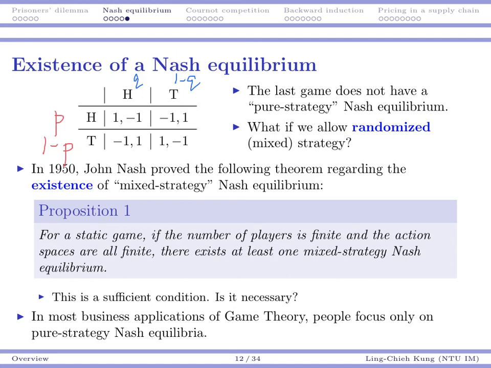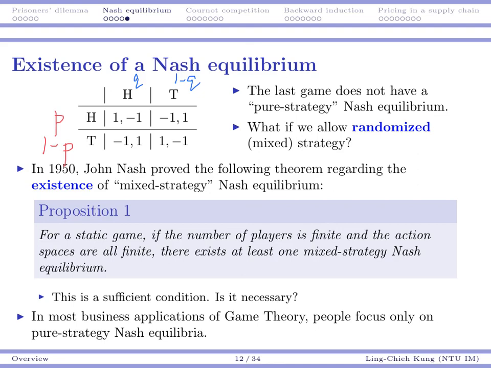Actually, in this course, we will try to avoid mixed strategy Nash equilibrium. Most of the time, we will only focus on cases where we have pure strategy Nash equilibria. This is because we are really facing business applications, right?